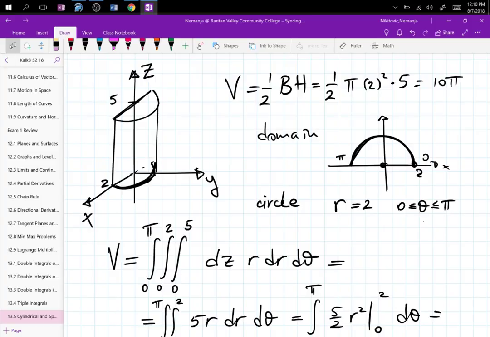There were z equals 0 and z equals 5. So that didn't bring any spice to our problem. Also, we did not have any function inside the problem, so that also didn't make integration worse in any way. So technically, you are looking at the cheapest possible problem that you can run into as you are solving these things. But then remember that we can have a lot of fun with these shapes.